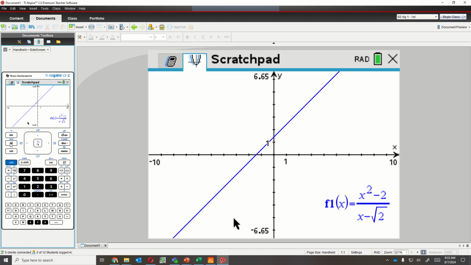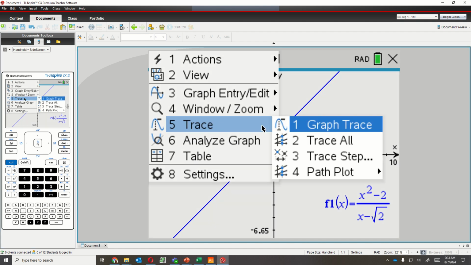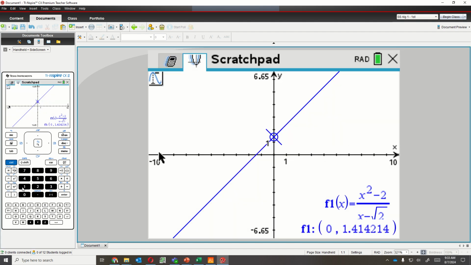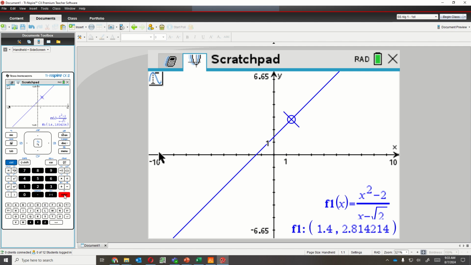And remember we have to turn on trace. 1.40. Okay. So I get 2.81. So that's still on the left-hand side. Let's do another one. So 1.41.